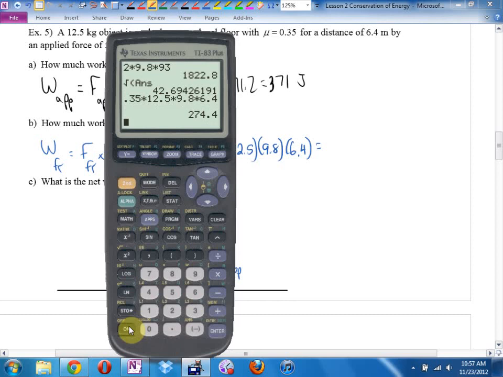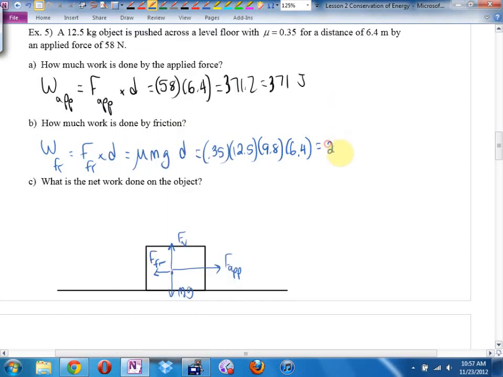And I get 274.4, yeah? 274.4 or 274 joules of work.